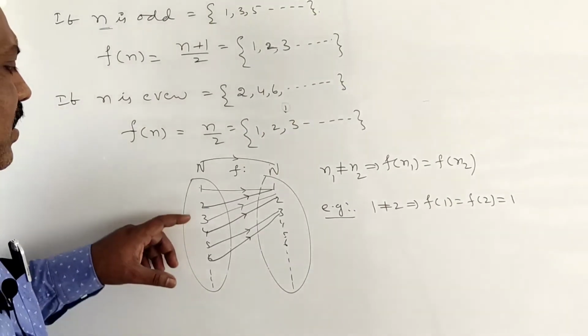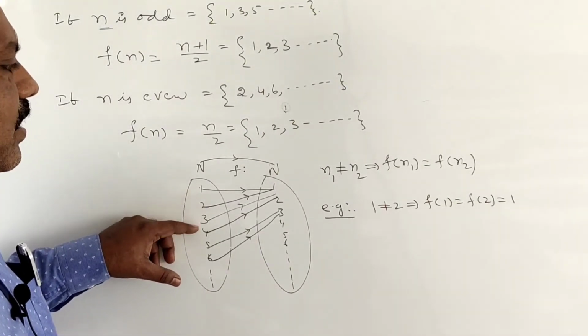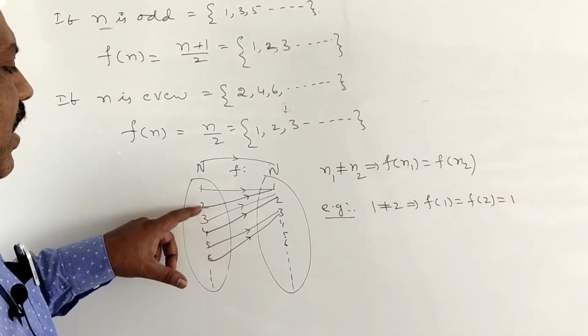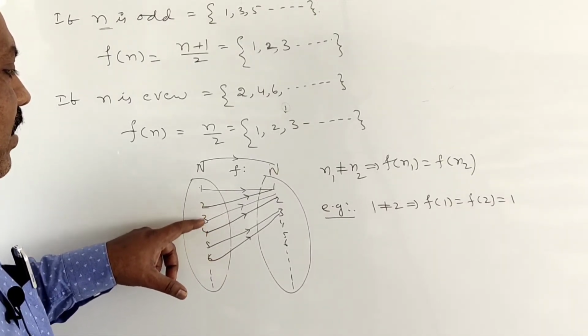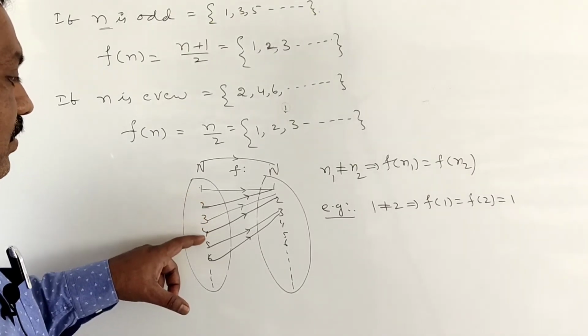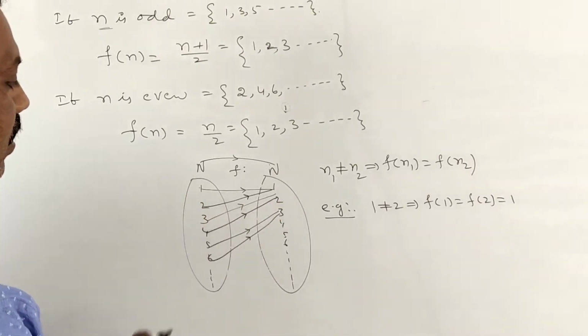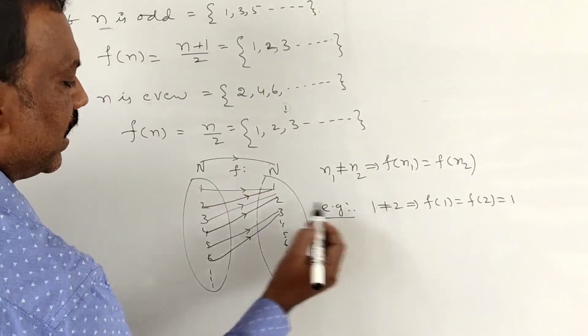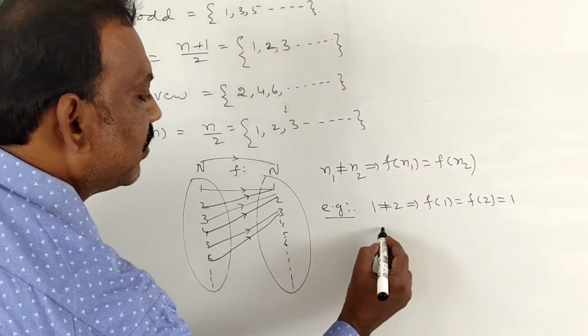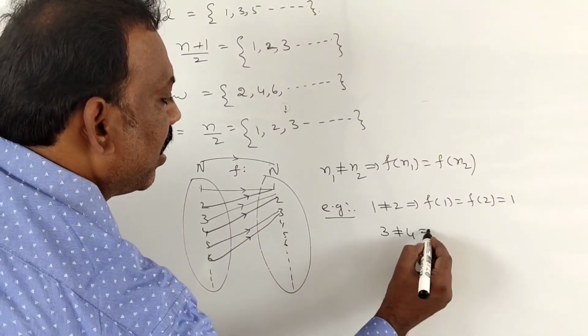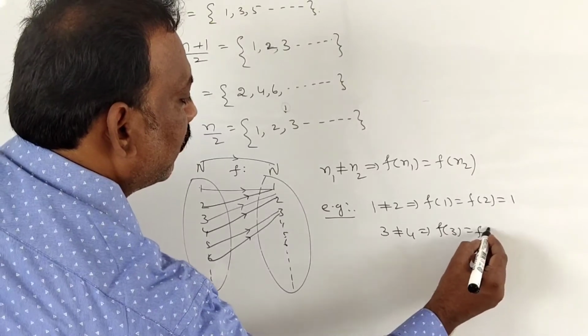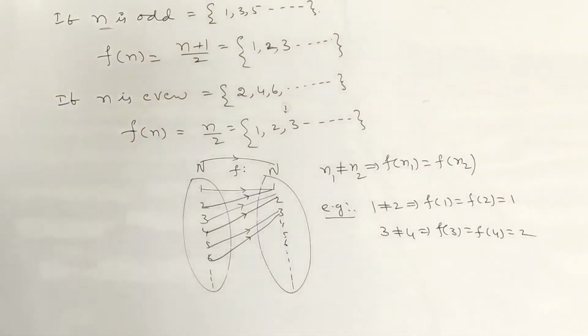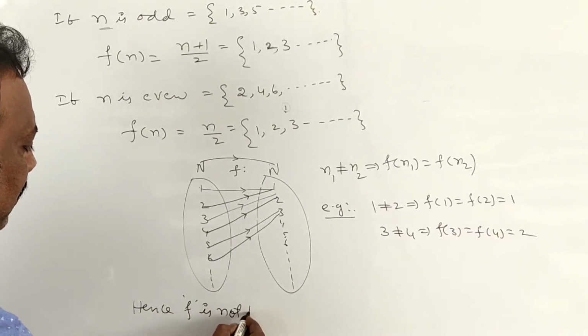Not only that, you can take 3 and 4. 3 and 4 are different, but the output is the same: f of 3 and f of 4 both give 2. Correct, students? Hence, different inputs we are giving, same output is getting, hence f is not one-one.